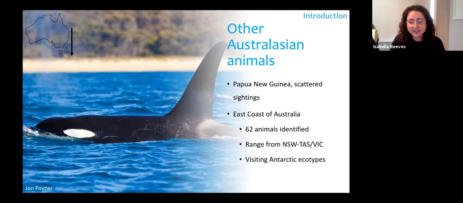There are about 62 animals that have been identified, and quite irregularly you do see the same animals pop up. The issue is that because they're opportunistic, it's very difficult to get the right person in the right place at the right time to also get samples. So a lot of the available biological samples are based on strandings.